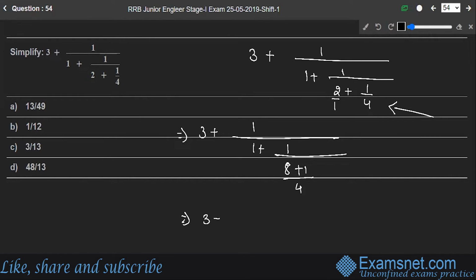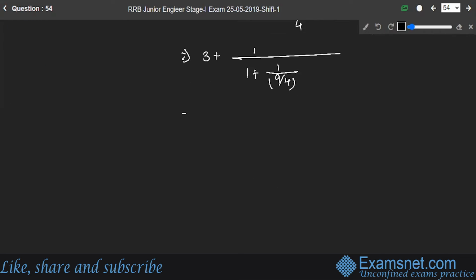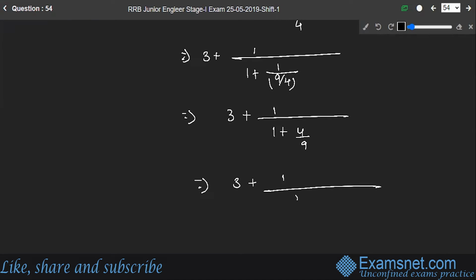This will give me 3 plus 1 upon 1 plus 1 upon this term. So this will turn out to be 3 plus 1 upon 1 plus 4 by 9. Again, taking the LCM in the denominator, this is 1 upon (9 plus 4) upon 9.